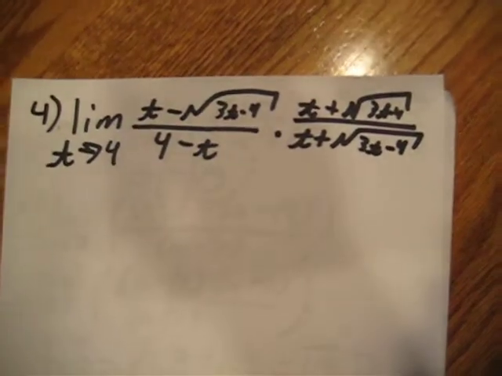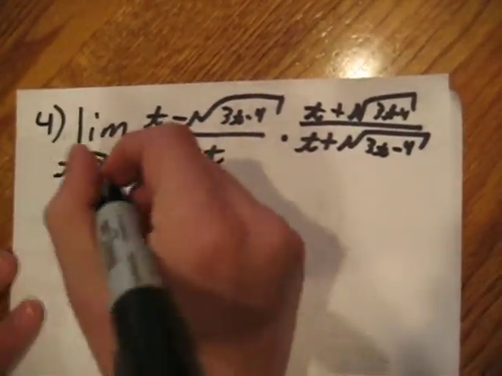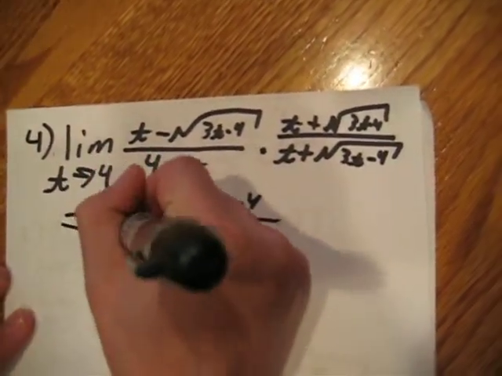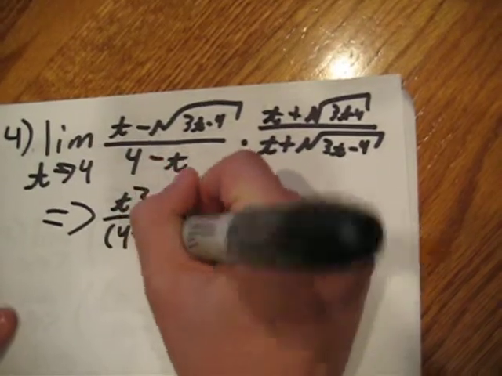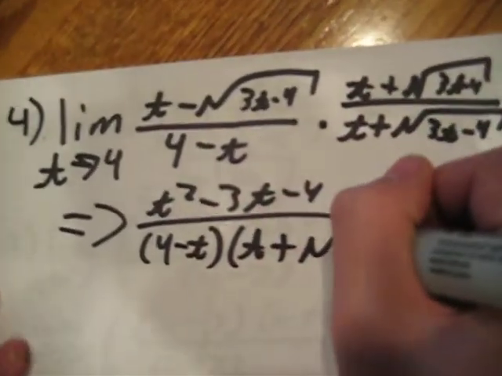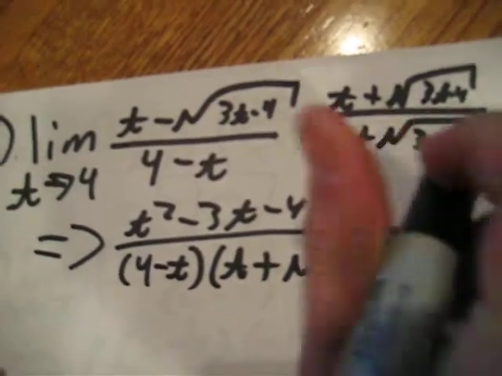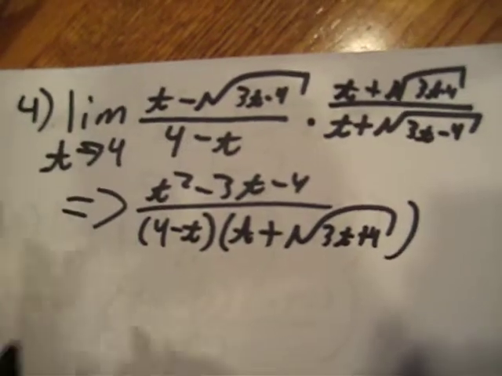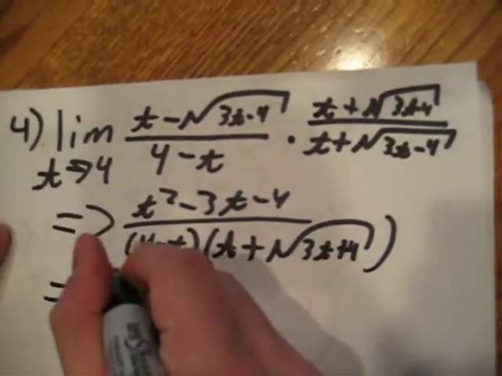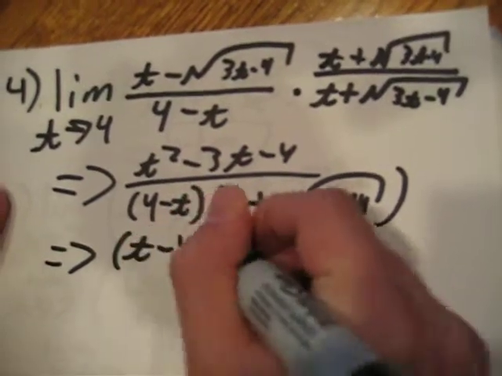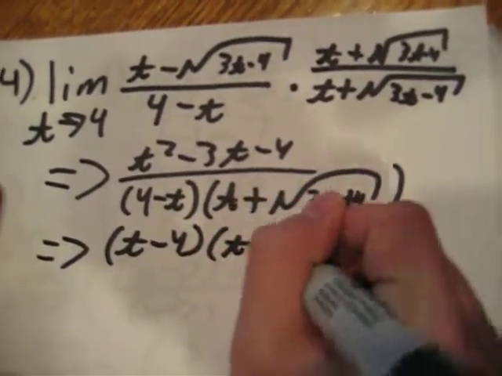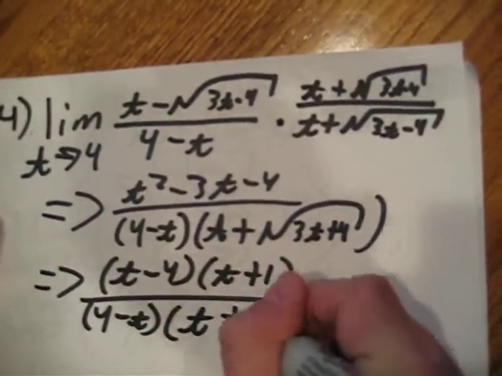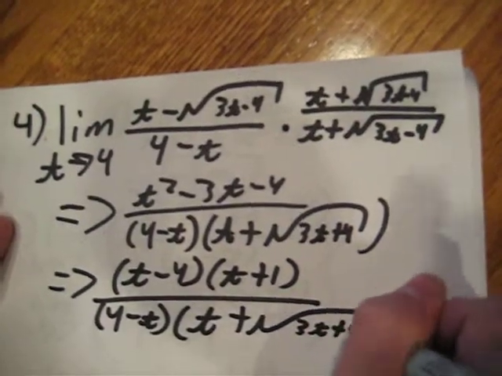So this ends up becoming t squared minus 3t minus 4 over 4 minus t times t plus root 3t plus 4. Cool. Now we're going to need to factor the top, which is t minus 4 times t plus 1 over 4 minus t times t plus root 3t plus 4.